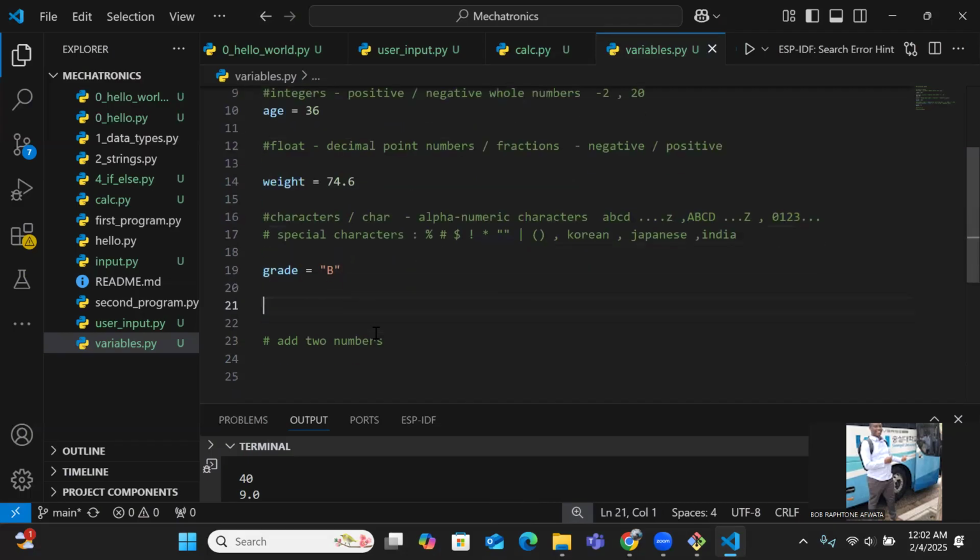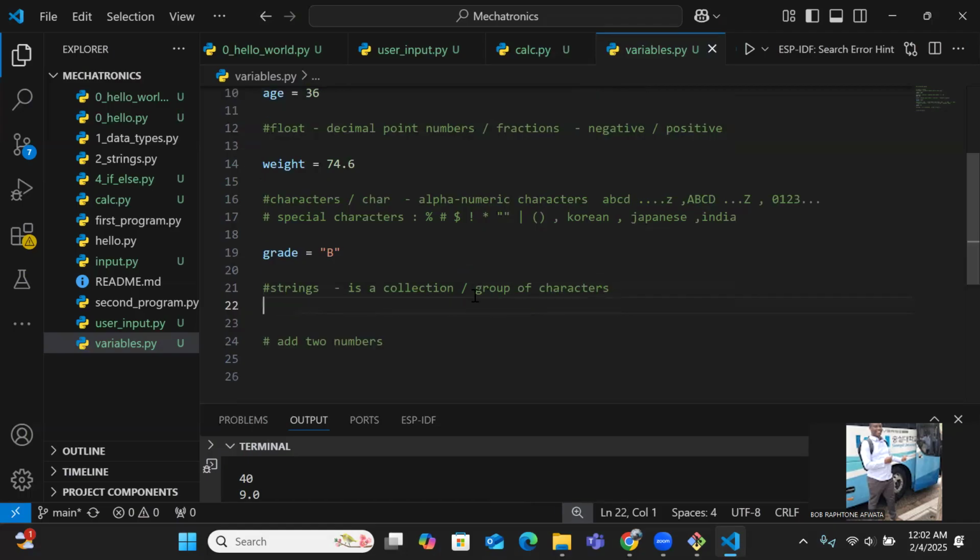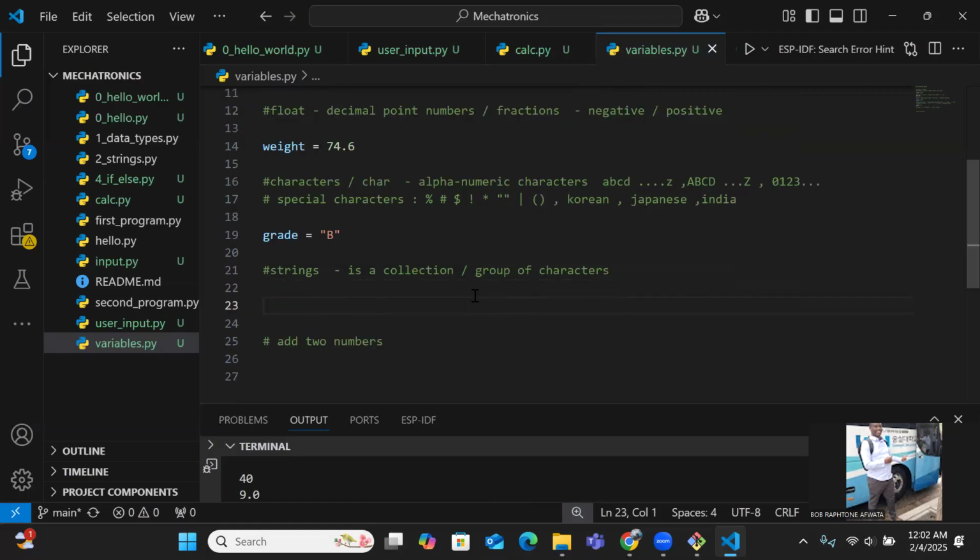Then the next one is what we call strings. A string is a collection, or a group, of characters. So for a string, it's just a group of characters. For example, if I just say my city, city is Kisumu.